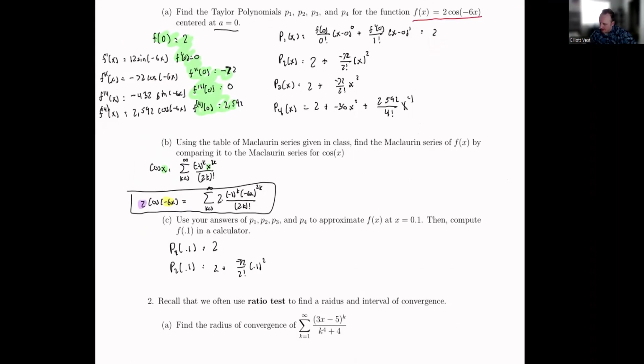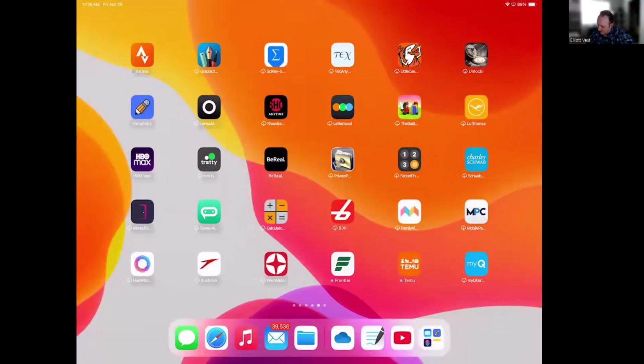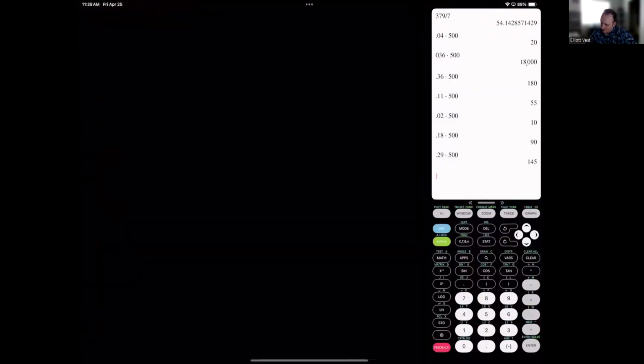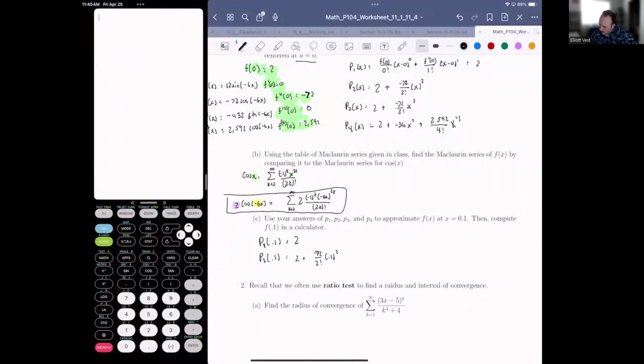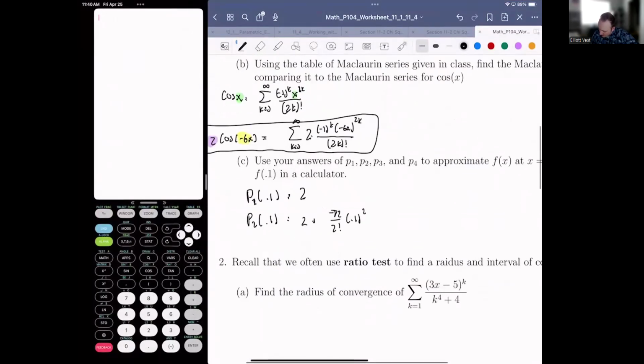So now we got to get a calculator, right? Let me get this calculator out. Okay, so 2 minus 72 over 2 is 36 times 0.1 squared.